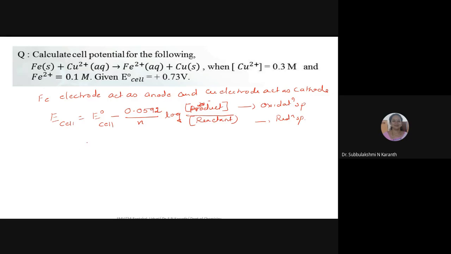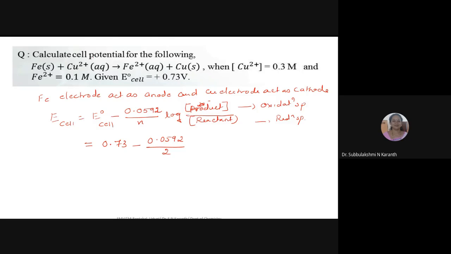Okay. Now E naught cell is given, that is 0.73 minus 0.0592 by n. How many electrons are transferred? The number of electrons transferred is 2.